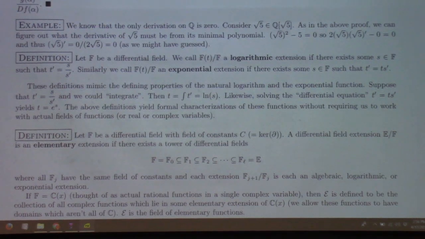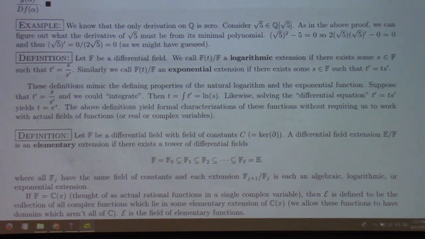All right. So this is what's called an elementary extension. Either it's built from algebraic extensions, which we've already talked about in this class, or these newfangled logarithmic or exponential extensions. All right.